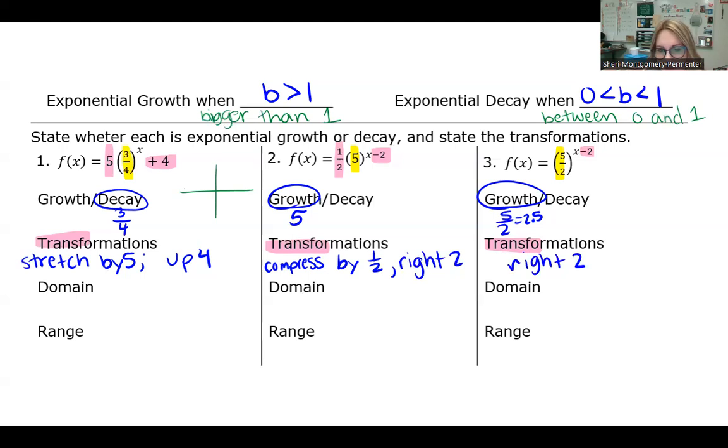You just need an X and a Y. For question number 1, the +4 tells me that I'm going to go up 4, and then I have an asymptote at 4. For both the second and third one, they're +0 at the end because there's not a K. So these both have an asymptote at 0.